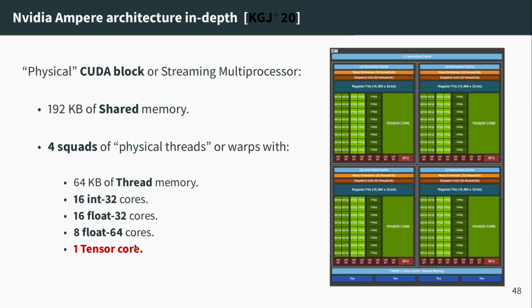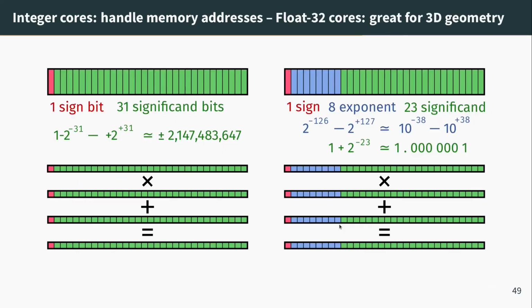And so basically those 16 int32 cores that you see here, you can understand them as physical pieces of hardware, like transistors, logical gates, with dedicated circuits that perform, for instance, fused multiply-add operations, where you take as input one int32, a second int32, a third int32, and you compute A times B plus C, and you store the result in a new int32 buffer. And that's very typical. So that's fine, but obviously you cannot really do continuous mathematics with integer numbers.